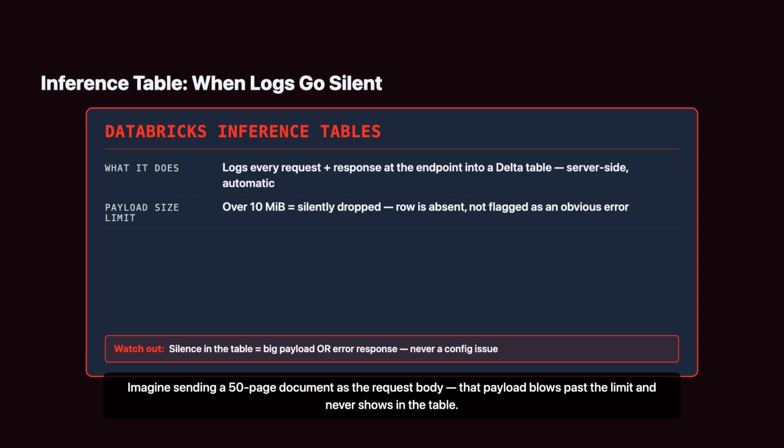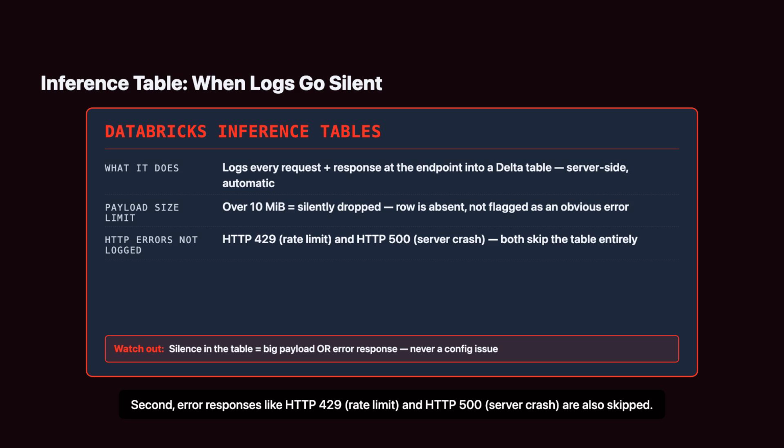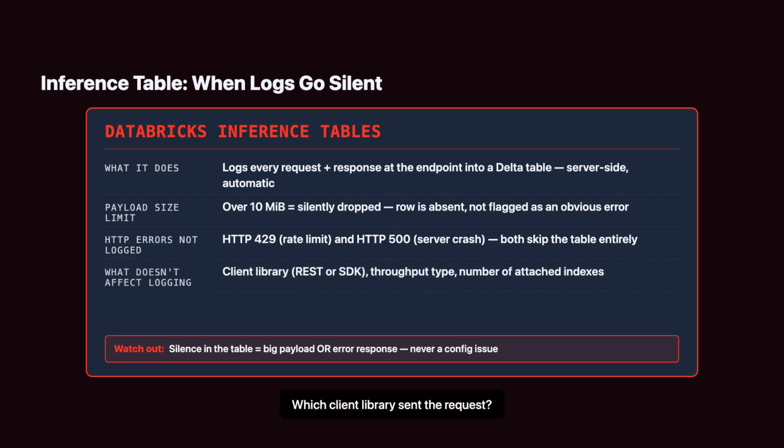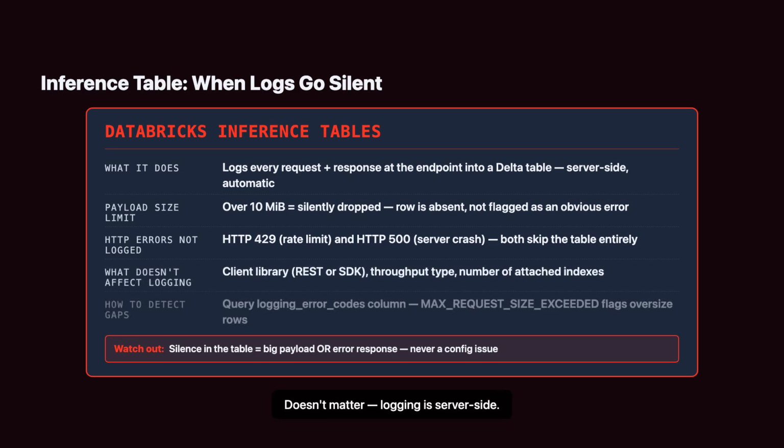That payload blows past the limit and never shows in the table. Second, error responses like HTTP 429, rate limit, and HTTP 500, server crash, are also skipped. Which client library sent the request? Doesn't matter. Logging is server-side. The trap: logs go quiet exactly when traffic is worst.